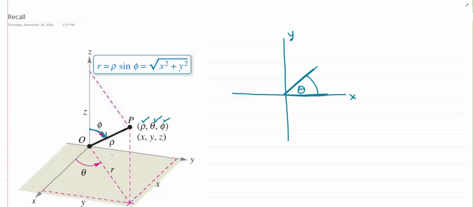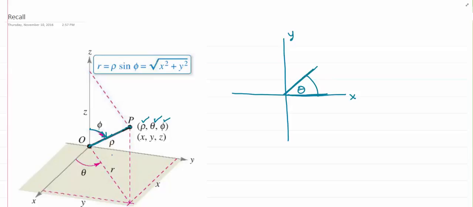So if the z-axis is the initial side, and then you rotate and you get a terminal side, it's the angle made with the z-axis. Rho is the distance from the origin up to the point. So you can think of it as the radius of a sphere.